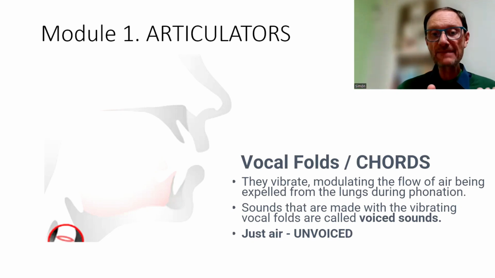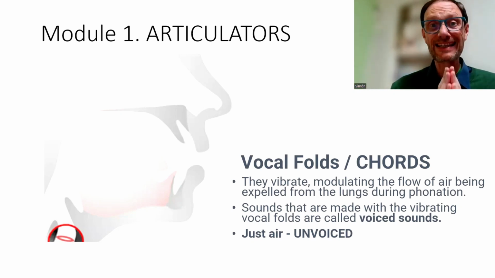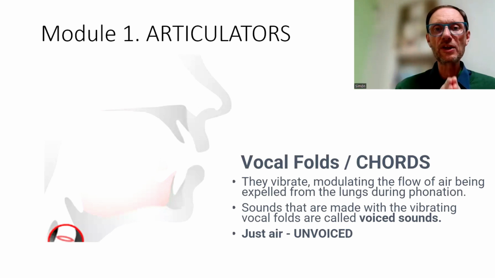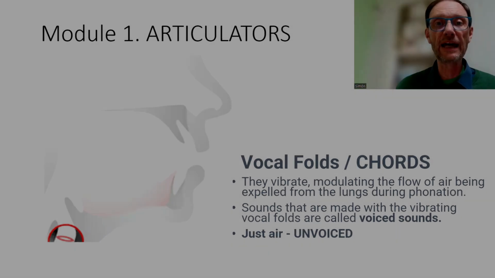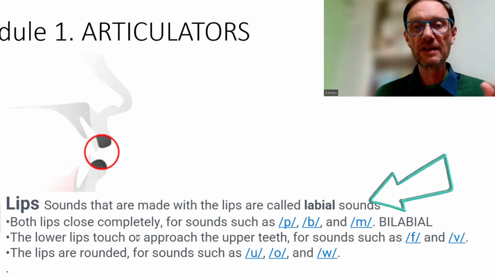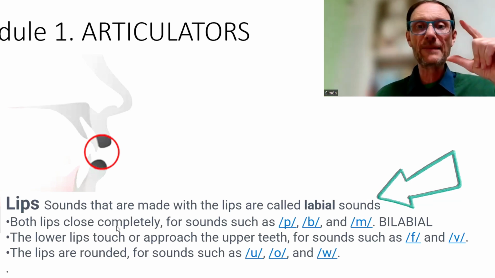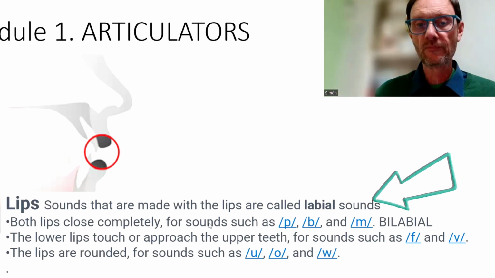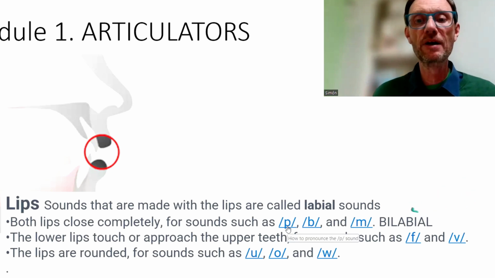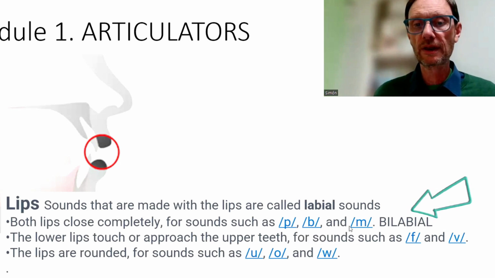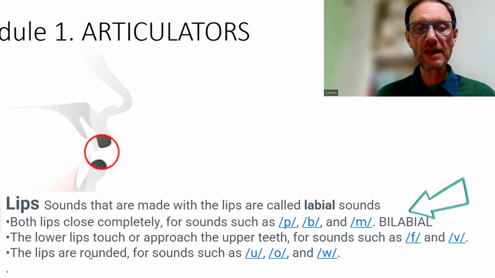The sounds that are made by the vibrating vocal cords are called voiced sounds. And when you only use air, then we say the sounds are unvoiced with just air. We've spoken about the lips, and these are called labial sounds. When both lips are closed, we make sounds such as m, which are bilabial.